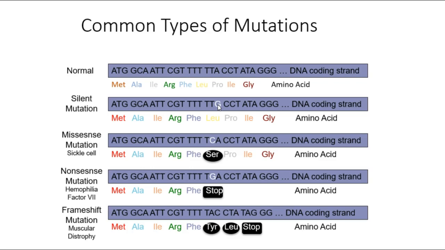Whoops, that was a mistake, but it's silent because you get the same exact amino acid out of it. Silent mutation is a possibility. And then you reproduce, your kids get that gene, they make the same protein. The IKEA chair turns out exactly the same way as an IKEA chair should. Or you got a slightly different screw. Yeah, it works. Chair works. What's that? It's not detrimental, correct.